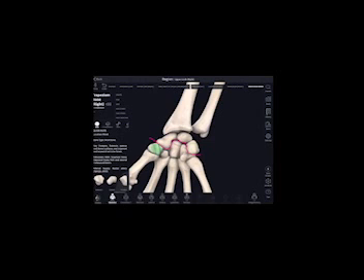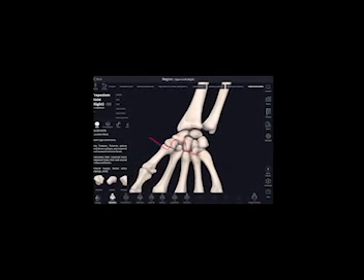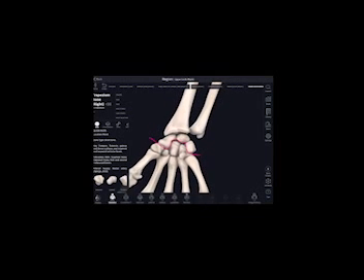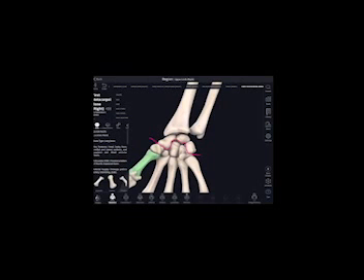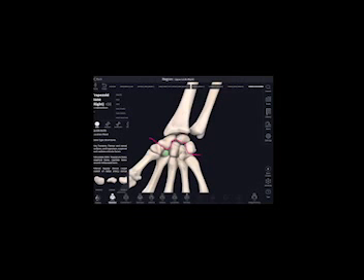Okay, moving on to the distal row. The most lateral one is the trapezium. The trapezium is the bony structure that articulates with the first metacarpal. And then right next to that we have the trapezoid. The names trapezium and trapezoid are kind of confusing.